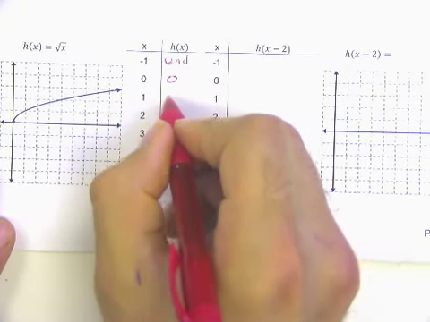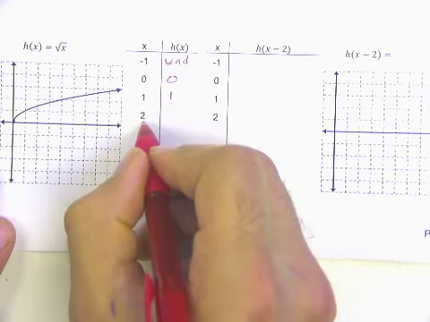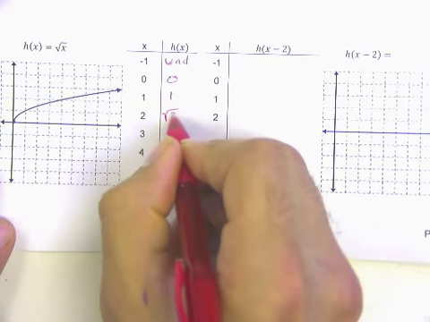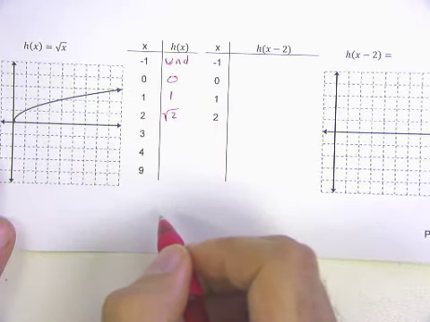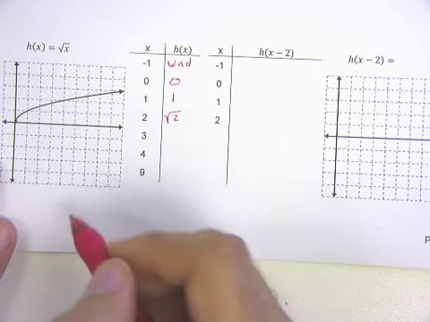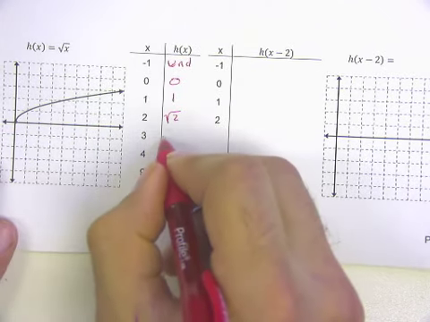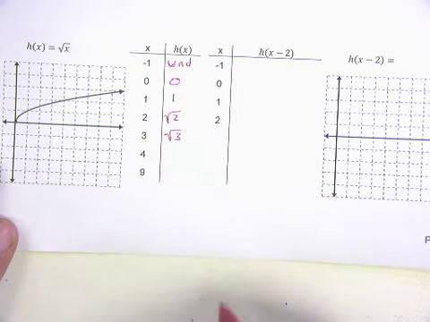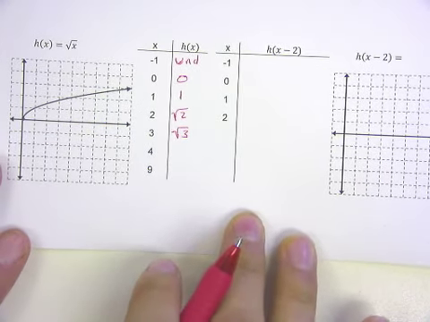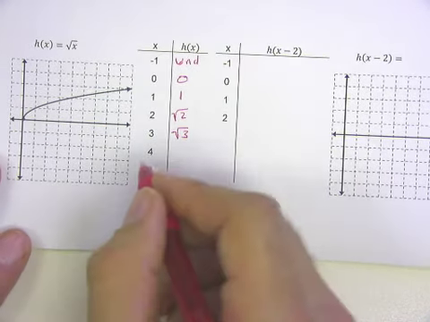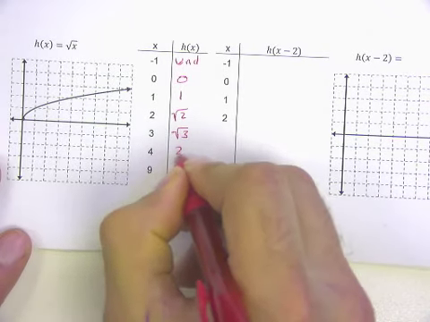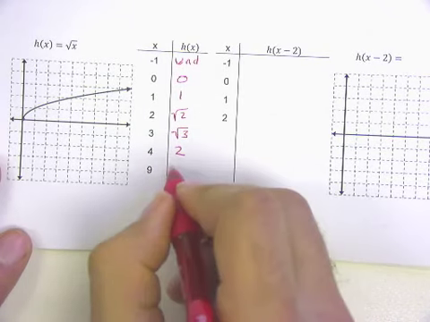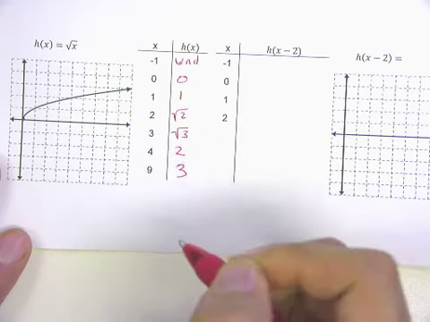The square root of 1 would be 1. The square root of 2 is kind of a yucky decimal that we're not going to worry about evaluating here. Same thing for the square root of 3, an icky long decimal, it's irrational. The square root of 4 is no big deal, that's just 2. And the next nice one would be the square root of 9.